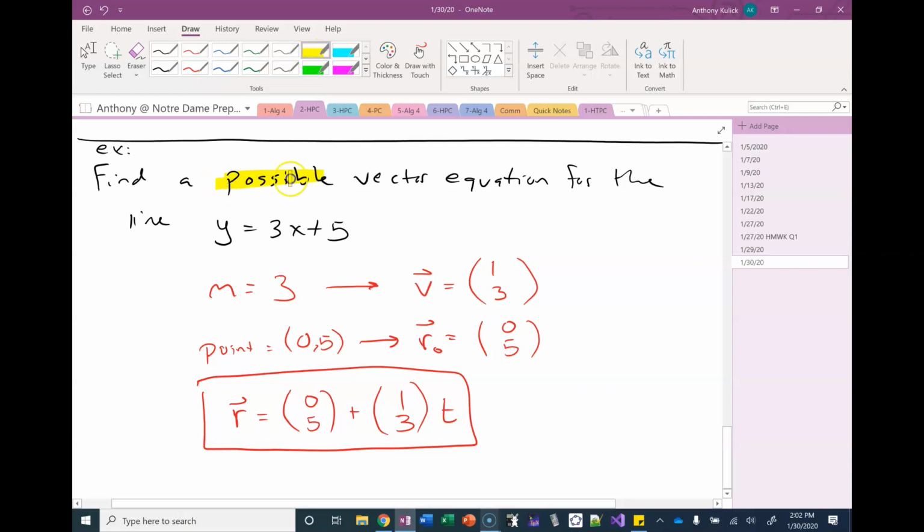This is just one possible answer. Notice we have the word possible here. How could I get a different version of this same answer? Yeah, if I picked a different point, what if we used instead maybe the point 1, 8? Right? That's still a point on that line. So we could get a different equation if you pick a different point, which is fine. Any equivalent answer would be correct. What's another way we could get an alternative answer?